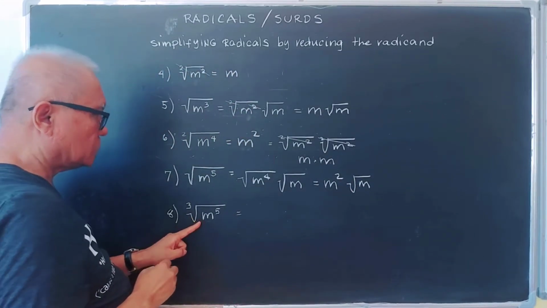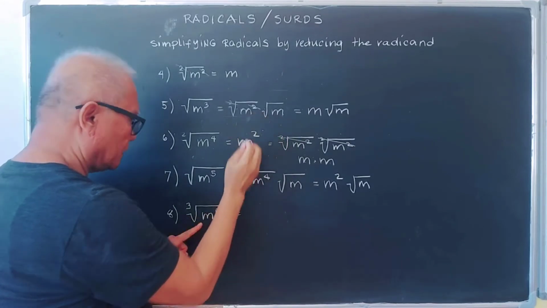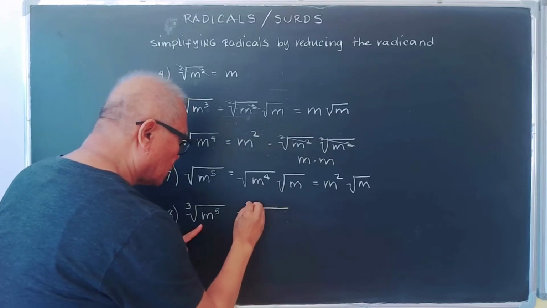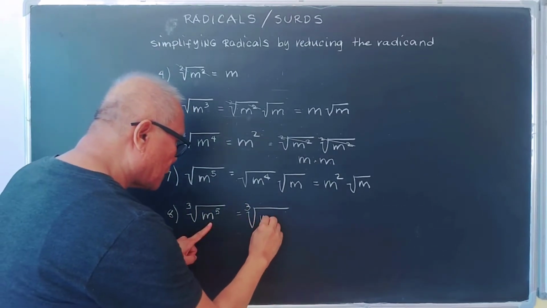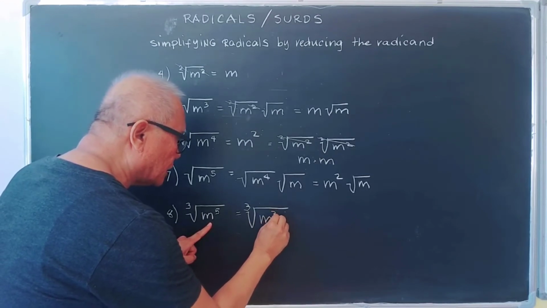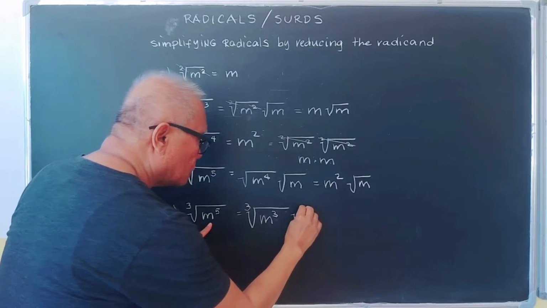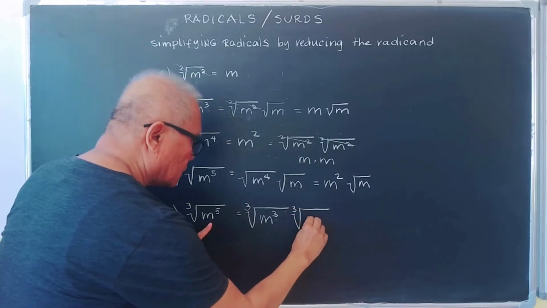For this one, you have to write this like the one that we did here. So we have put the cube root, don't forget to write the 3. Then we'll break this one with 3 because this one is 3. Okay. Now to complete the 5, this one is cube root is m.